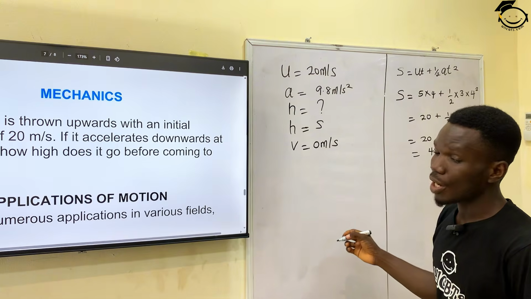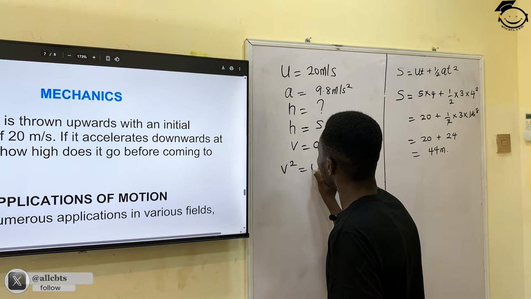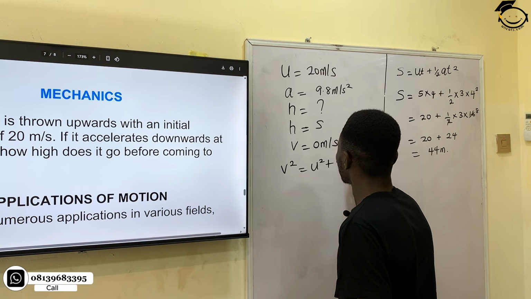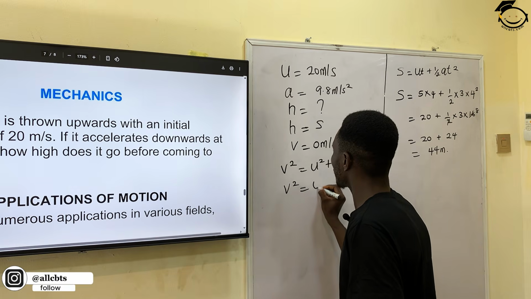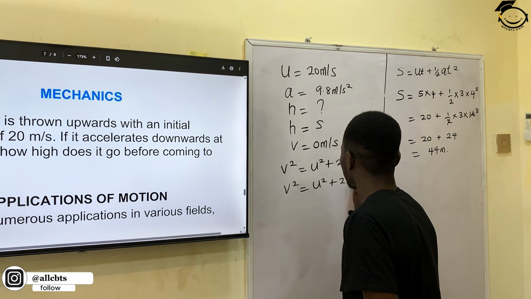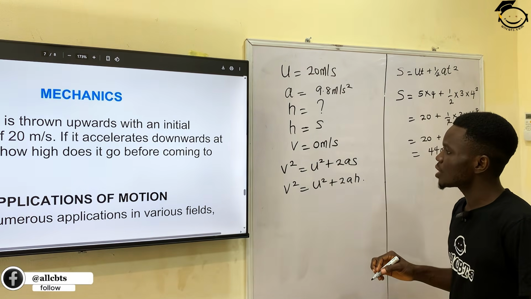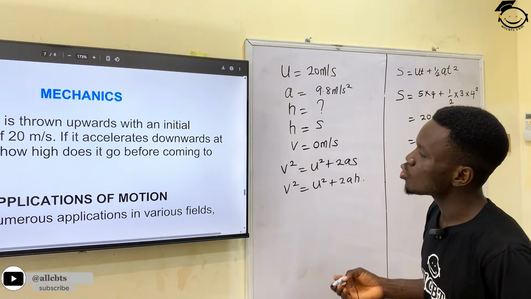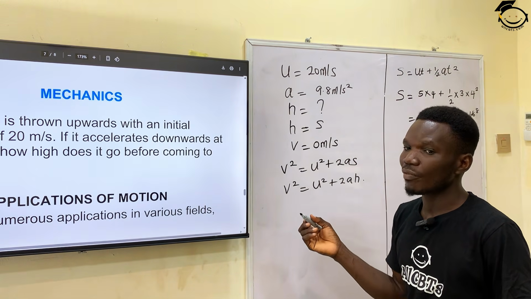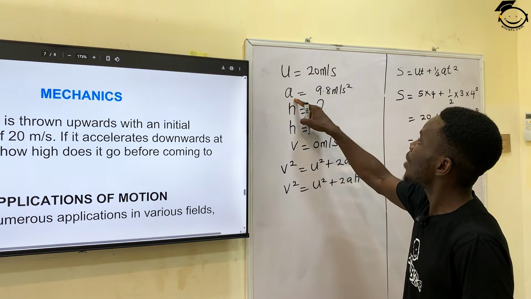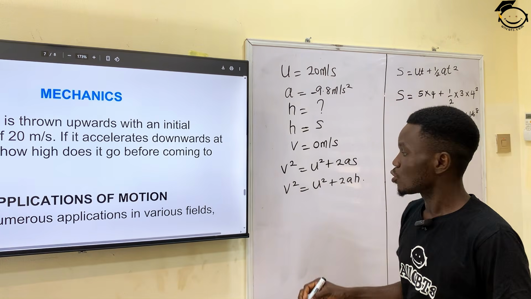So we are using the fourth equation of motion, which says that v squared is equal to u squared plus 2as, which can be rewritten as v squared equals u squared plus 2ah. But because the body is thrown upward, it disobeys the law of gravity. Automatically, my acceleration here is going to be negative acceleration due to gravity.